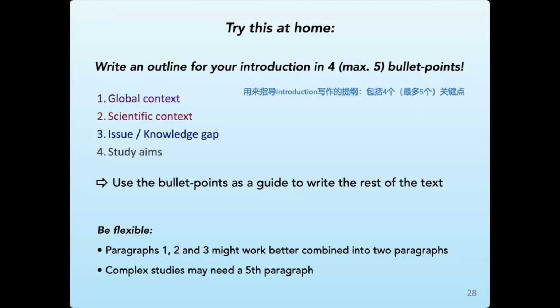And if you have a complex study, in which you're looking at many different aspects, maybe interactions between different taxa or different ecosystem components, then you probably need a fifth paragraph to introduce a new topic. But overall, the structure remains the same. So global context, narrower scientific context, the issue, and then how the study is going to contribute to knowledge on that issue.